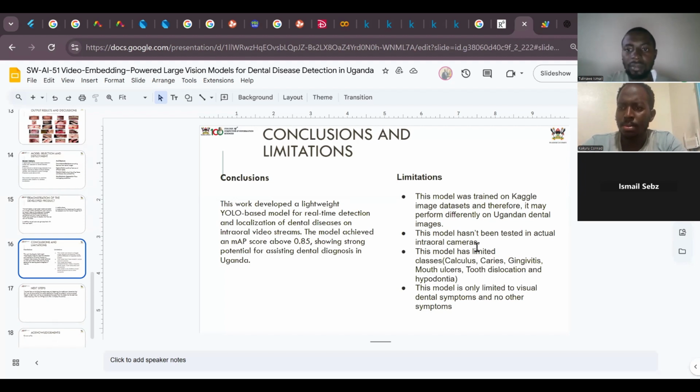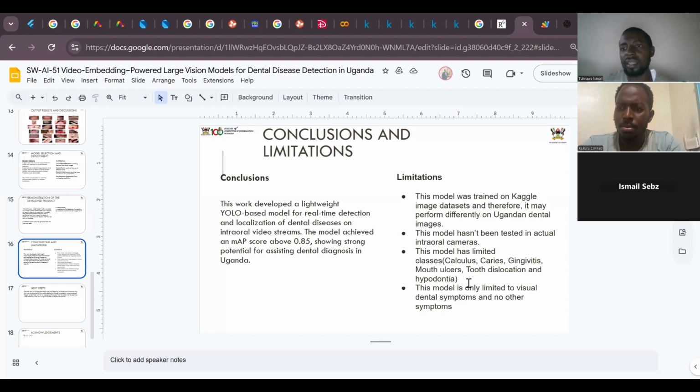Then it is also limited to those classes that we had, though we know in dentistry there are other classes or issues that may be available. It is also based on visual symptoms.